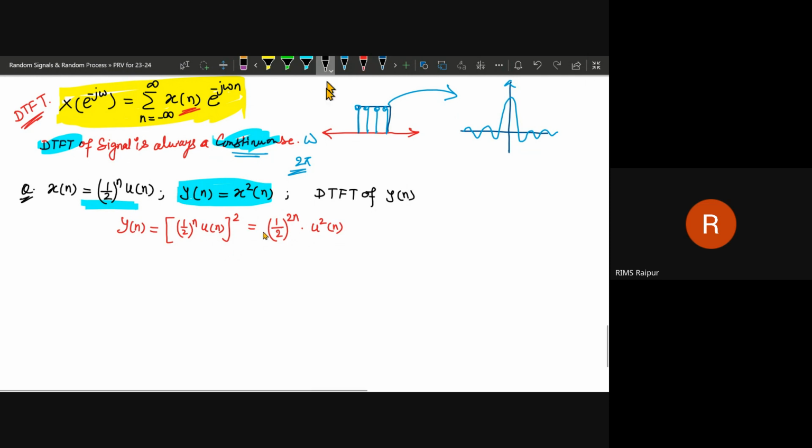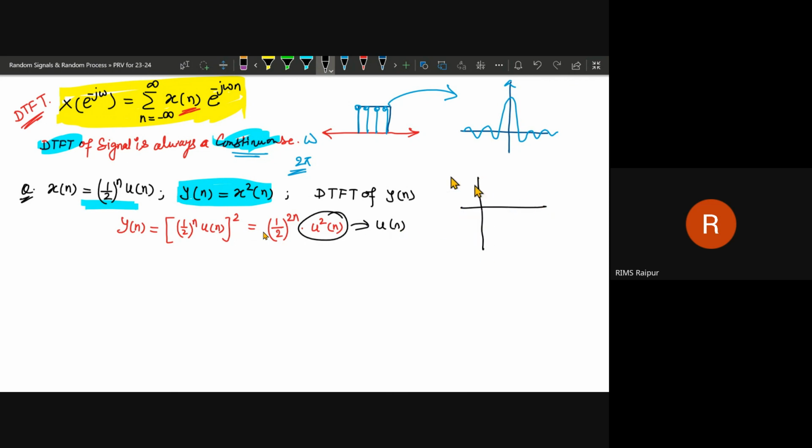Now, what will be the value of u square of n? Its value will also be u of n. Correct? Because if you multiply two unit step sequences, then you will get the same unit step sequence.